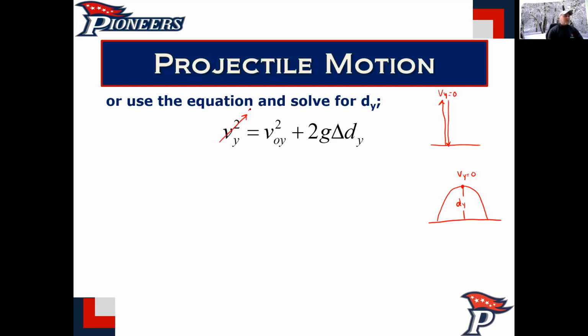We make this equal to 0. Now if I solve that for this, you can label it like this, or you can call it dy, or you can call it dy max. It's whatever you prefer to use there. But I'm going to subtract over and divide by 2g.